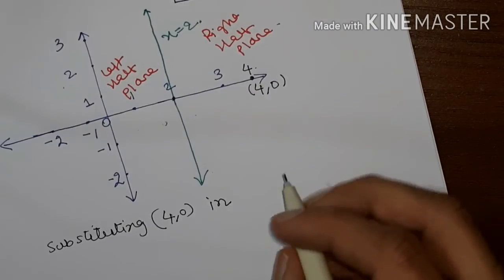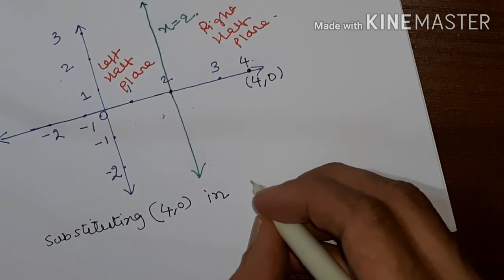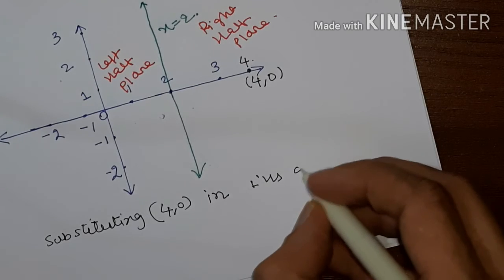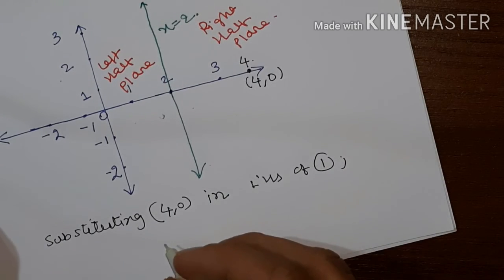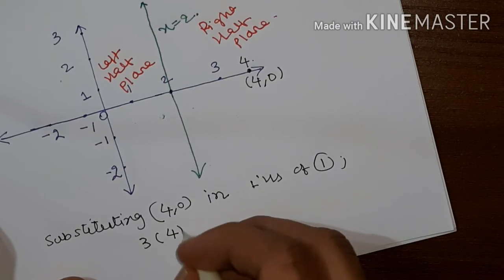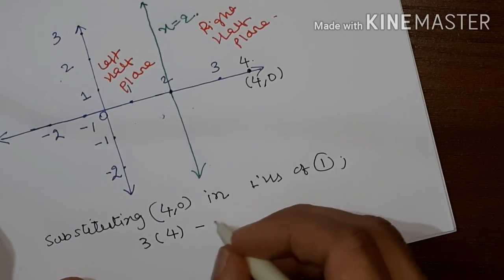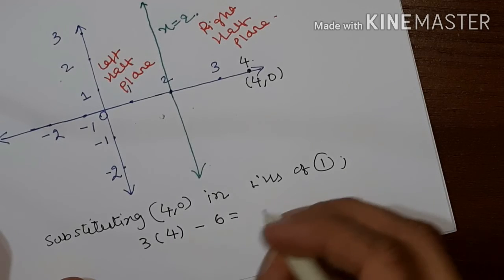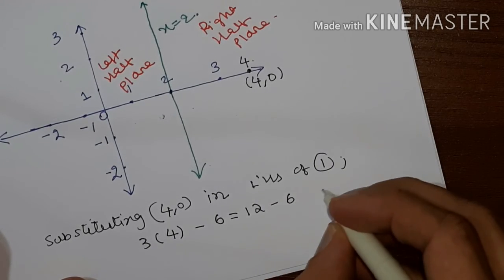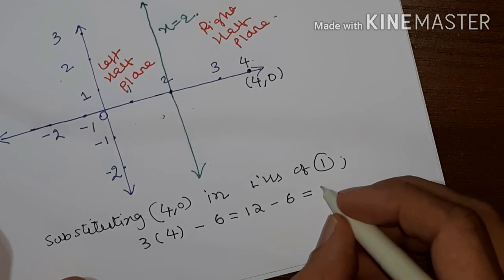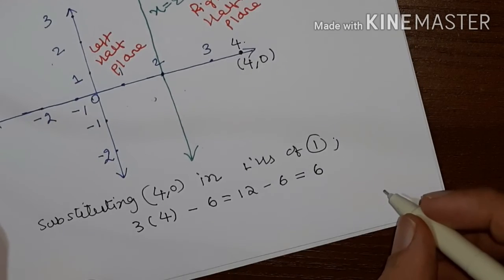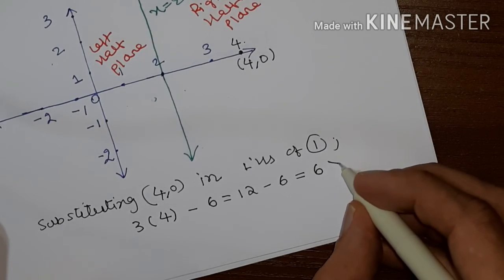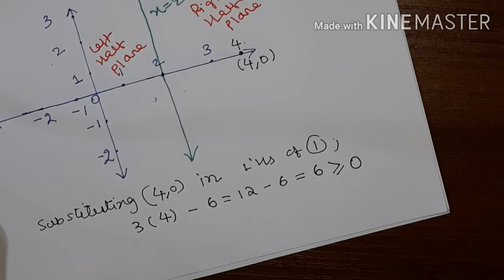So substituting 4 comma 0 in LHS of 1, what do we get? 3 times 4 minus 6. This is the left hand side, and we have substituted x equal to 4. So that means 12 minus 6, which is 6, which is greater than or equal to 0.